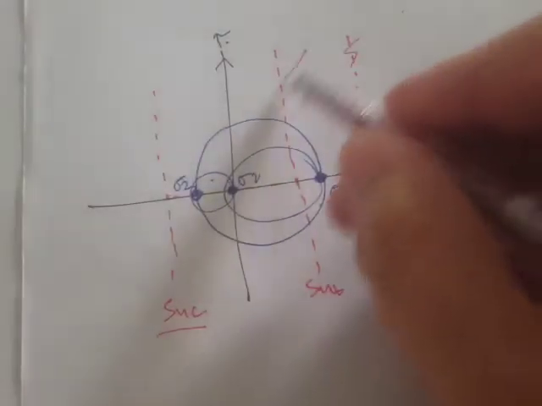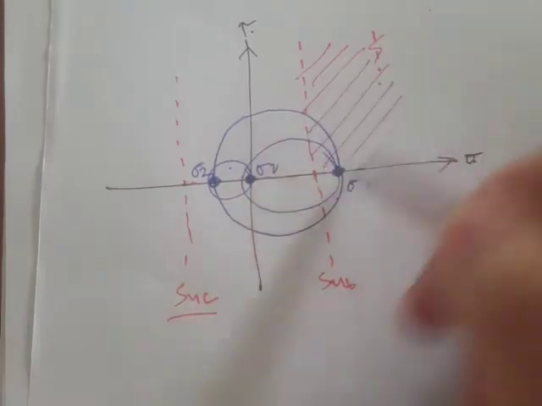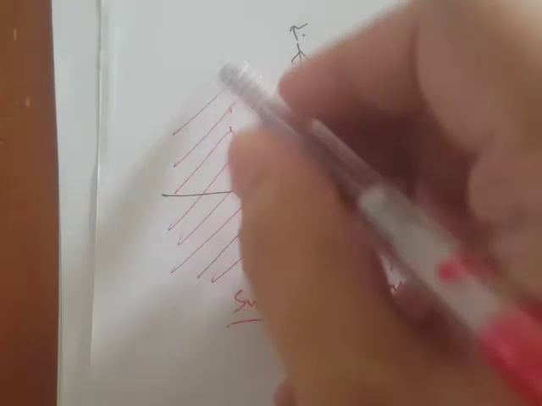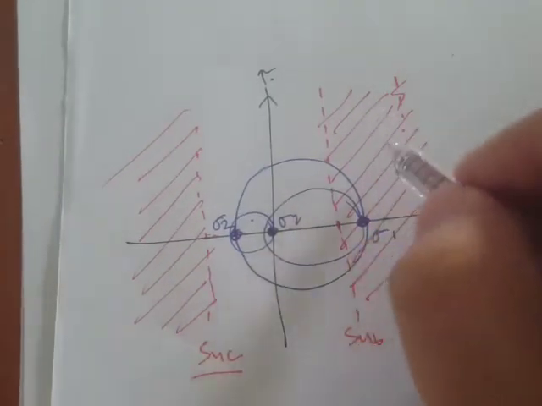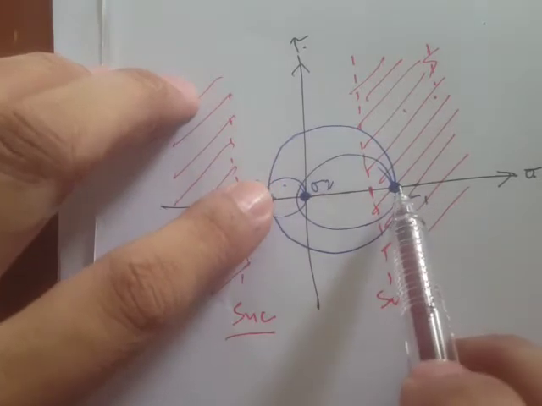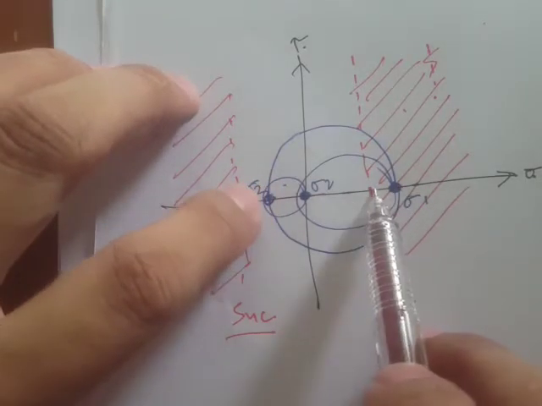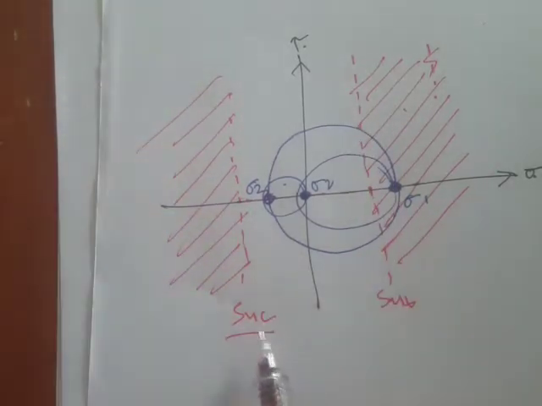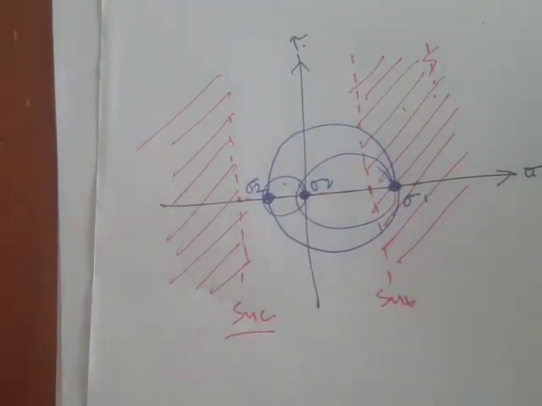Let's shade this portion. That means this is a failed portion or unsafe. So it must be that these principal stresses will only lie inside these boundaries of SUC and SUT. So that's for the Mohr circle.